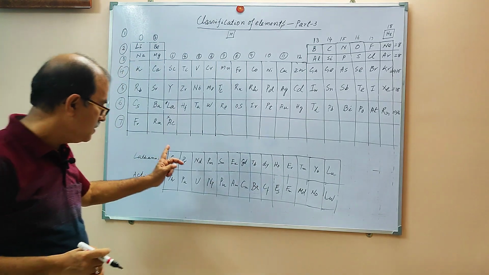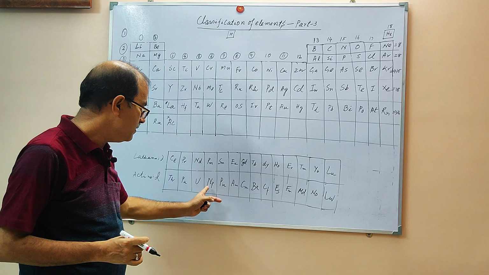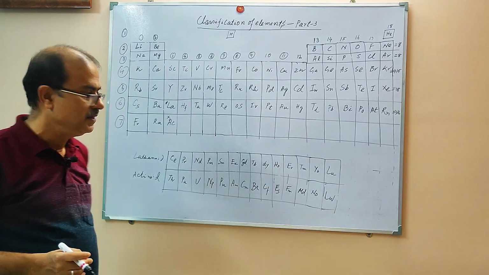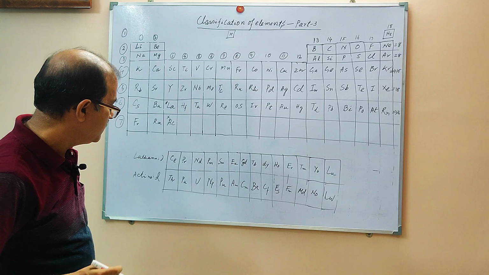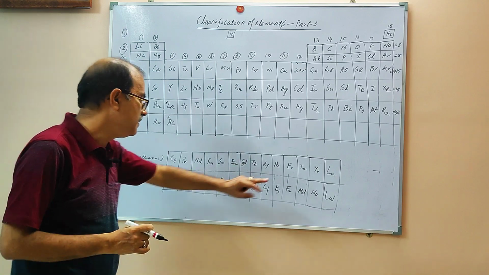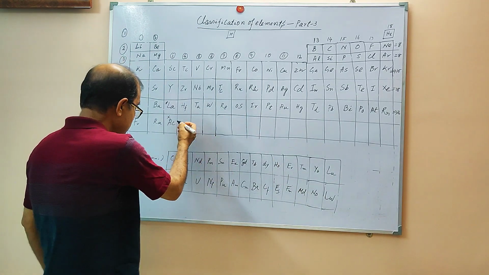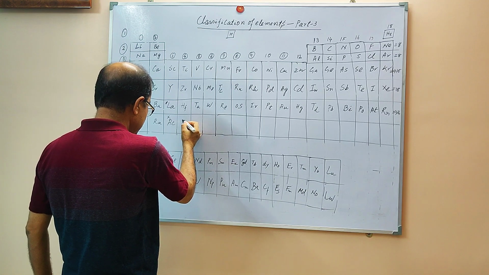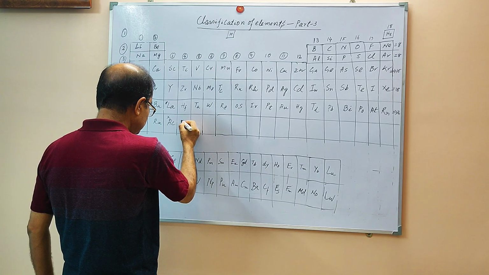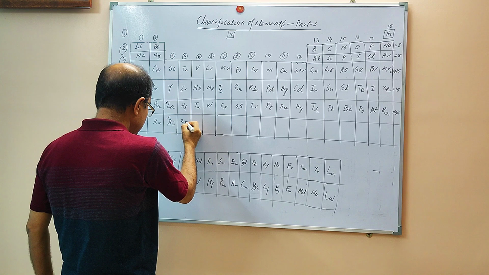After this, you can see that after the neptunium, there are radioactive elements. After this lawrencium, again we are coming to the D block elements.